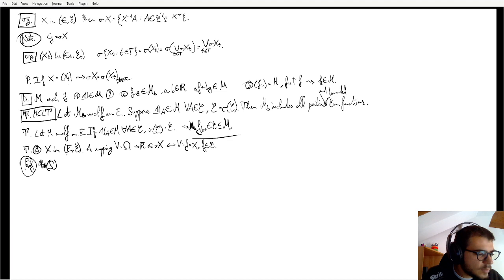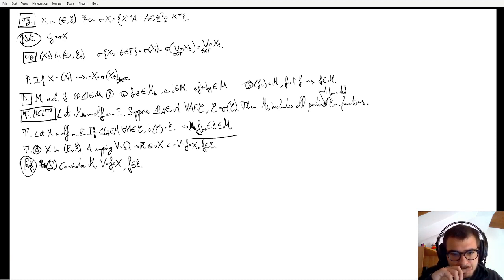So consider a collection M of all V of the form f applied to X for f in E. What we have to prove is that this belongs to the sigma algebra generated by X. So what we want to prove is that M is contained in the sigma algebra generated by X.